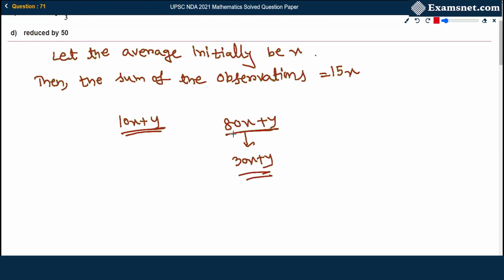Now look here, what is the change in the tens place? Among 80 and 30, there is a difference of 50.